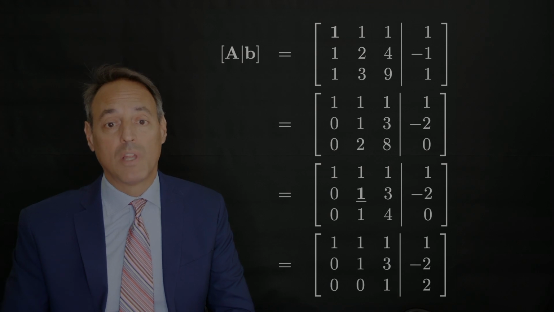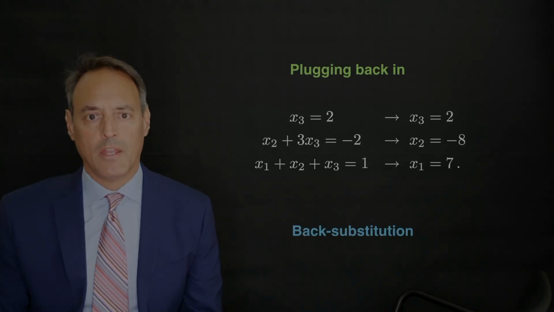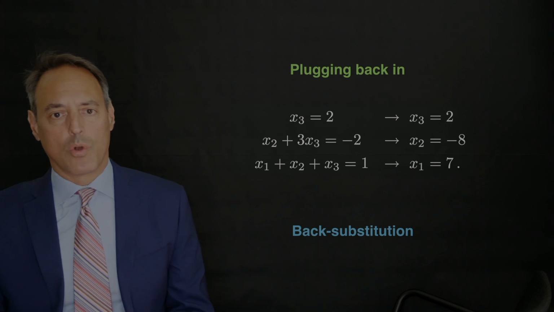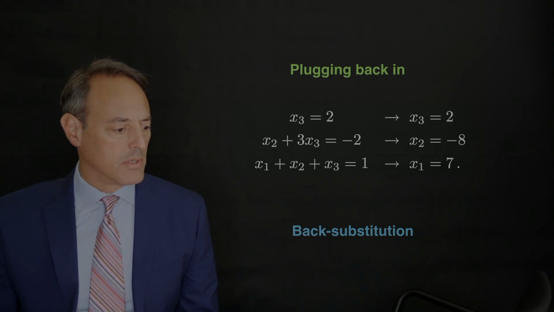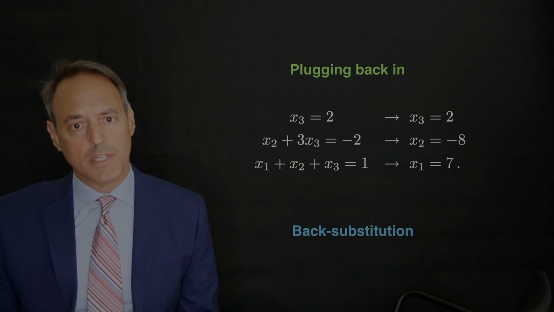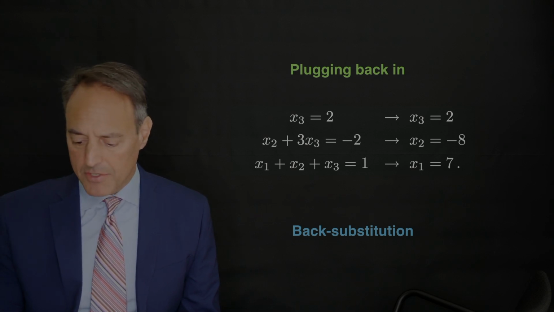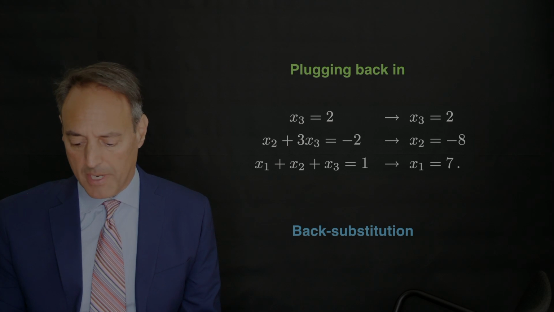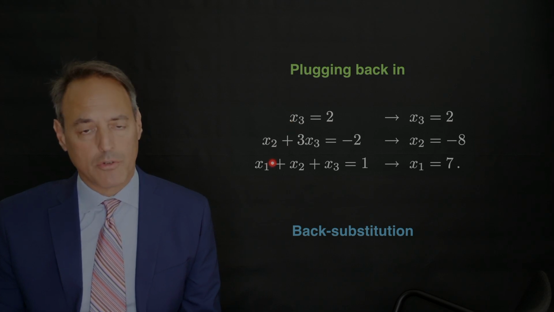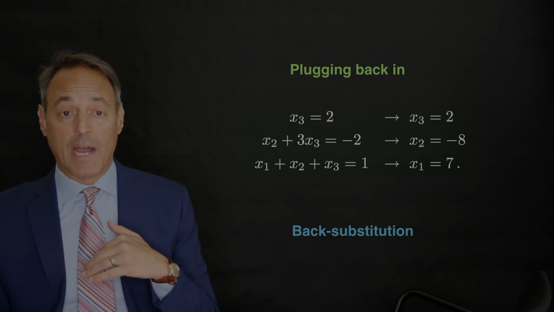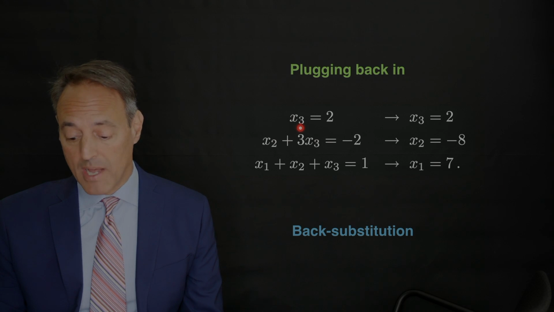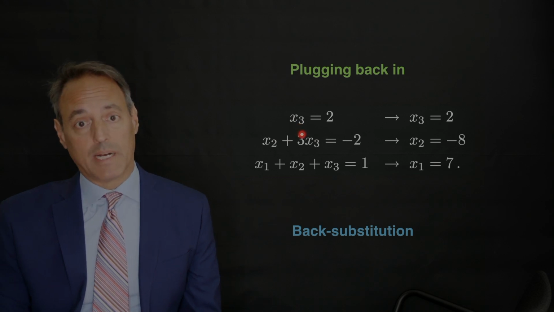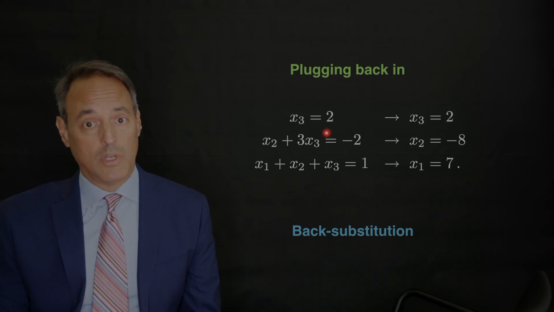So let me write what they look like. Once I'm back in this coordinate system here in terms of the original set of equations, then what you're seeing here is the fact that I have this very nice back substitution algorithm I can execute. Here are the equations written back in the original form. Notice that by having substituted down and put it in this upper triangular form, I've already isolated x3 by itself and it equals 2.